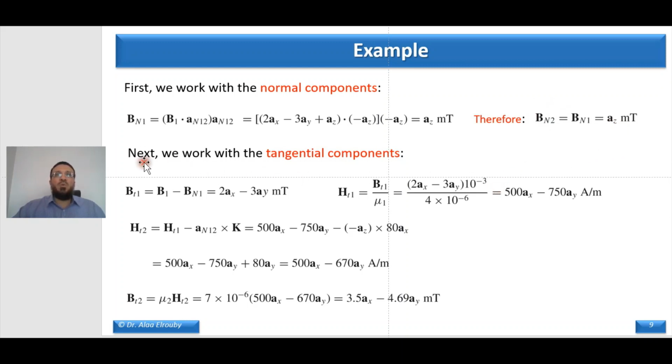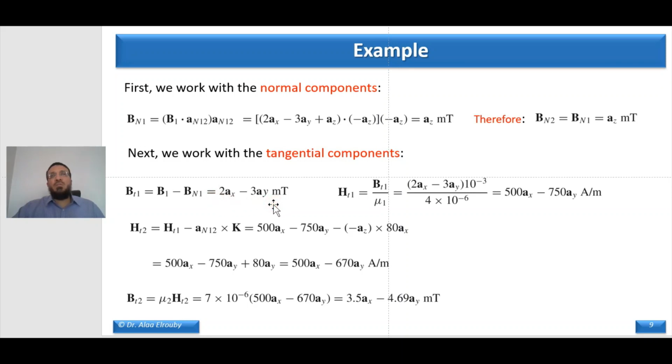Now let us work with the tangential component. B tangential 1 equals B1 minus B1 normal, or we can say it is the xy component of B1, but this way is a more general function if an12 is not parallel to one of the unit vectors. So this is the B tangential 1.